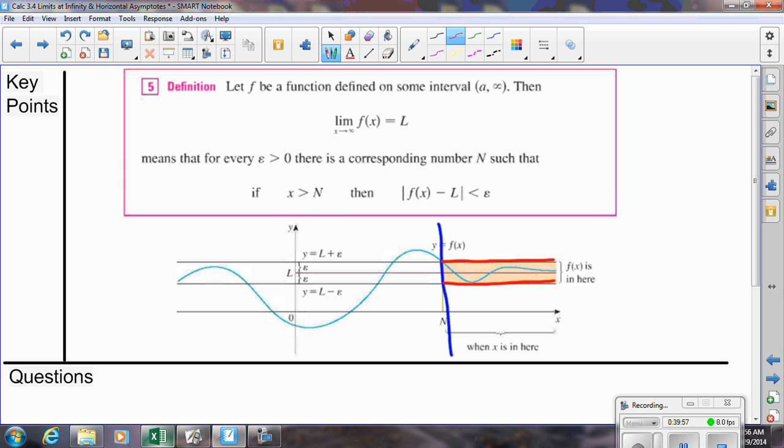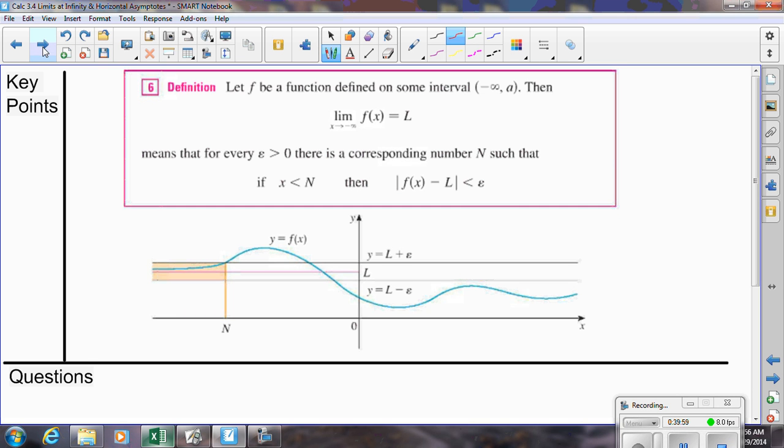And it's the exact same thing if we're doing this to the left as well. If we want a limit at negative infinity, if you go beyond some negative number n, it will force you to be within the bounds of L plus epsilon or L minus epsilon.